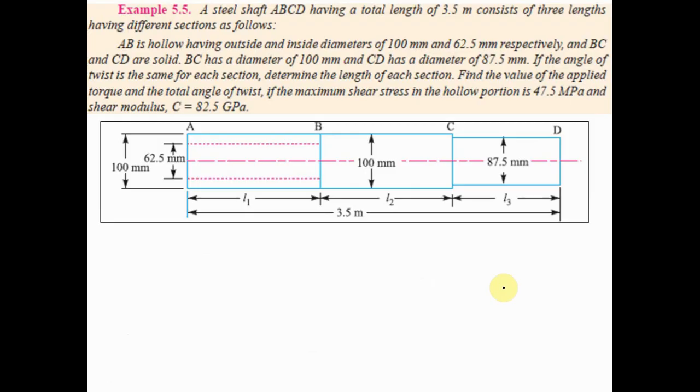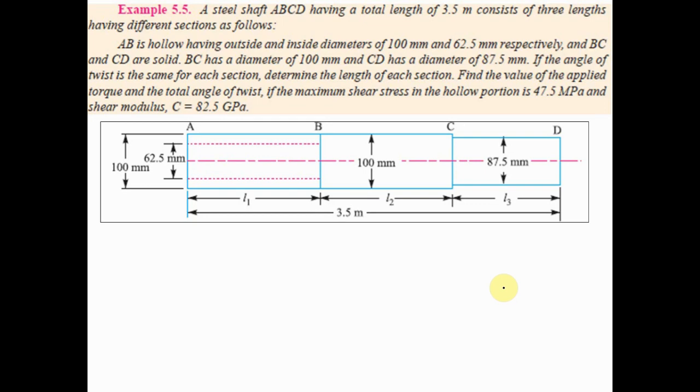A steel shaft ABCD having a total length of 3.5 meters consists of three lengths having different sections as follows. AB is a hollow section having outside and inside diameters of 100 millimeters and 62.5 millimeters respectively. BC and CD are solid. BC has a diameter of 100 millimeters and CD has a diameter of 87.5 millimeters.